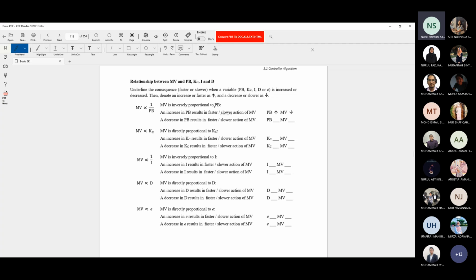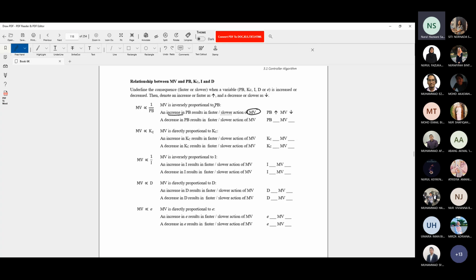When the value of PB increases, because it is inverse, it will slow the action of MV. That means the opening or closing of the MV action: slower means it closes. Not 100% closed; it depends on the signal, how much closes and how much opens.